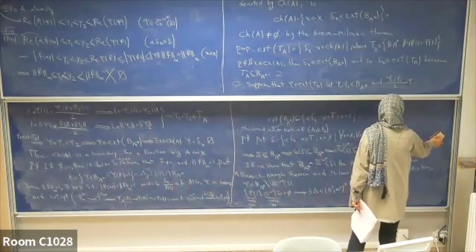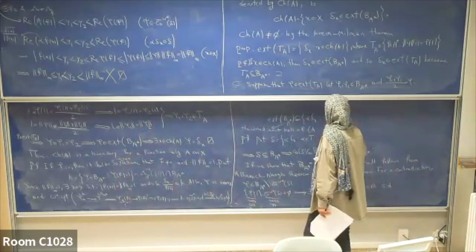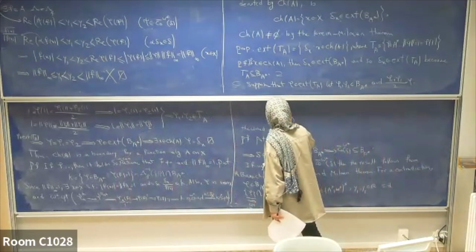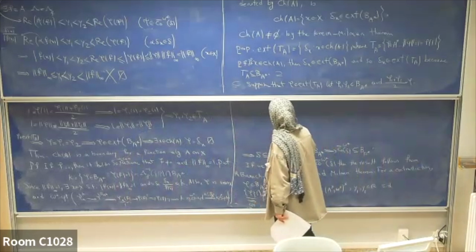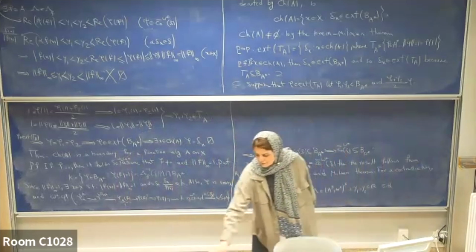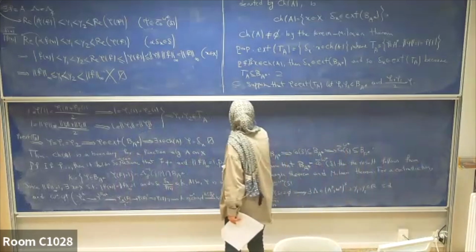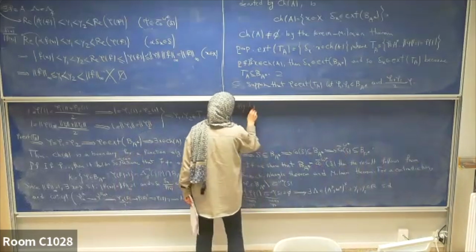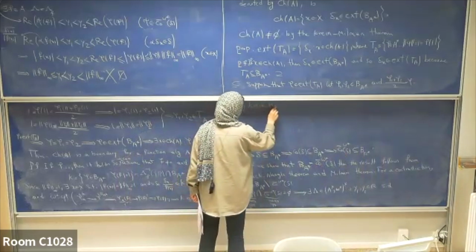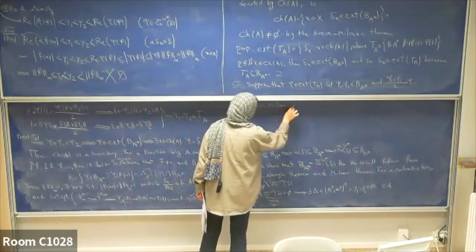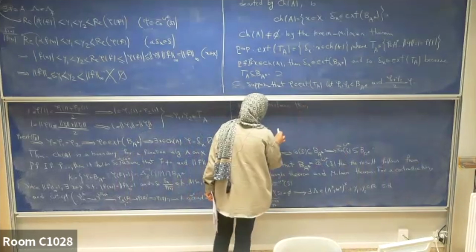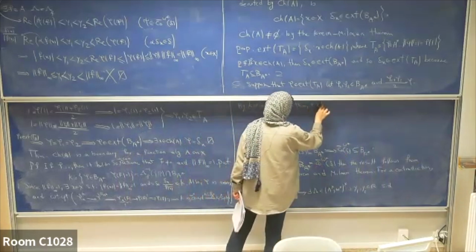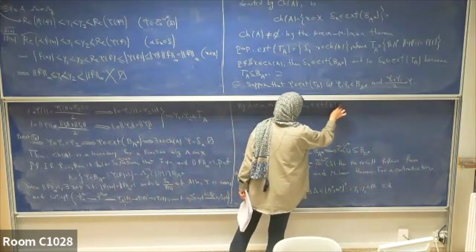So according to the Krein-Milman theorem, extreme points of K is non-empty. By the Krein-Milman theorem, extreme points of K is not empty.